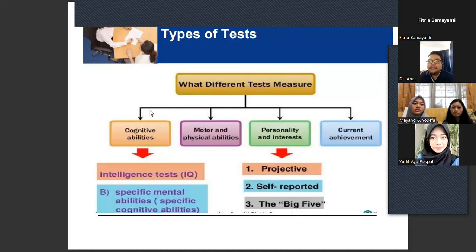This is a type of test. Next slide. Okay, what do different tests measure?